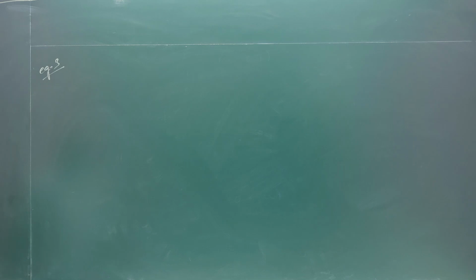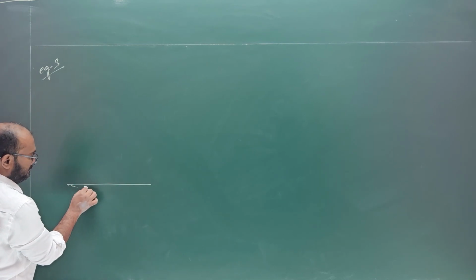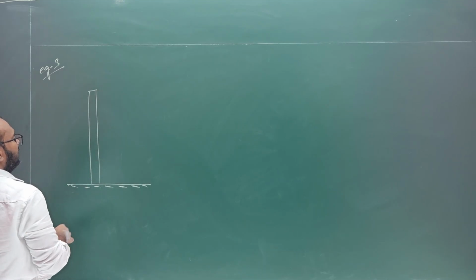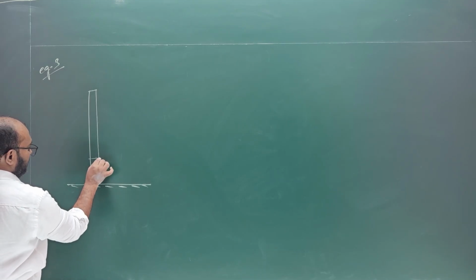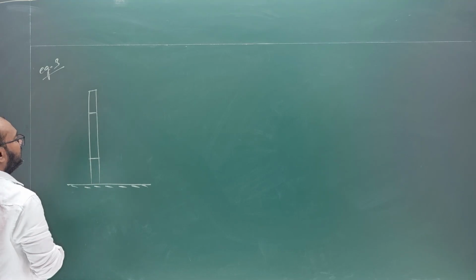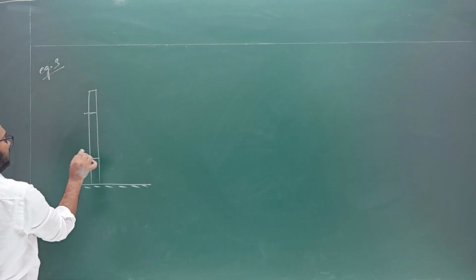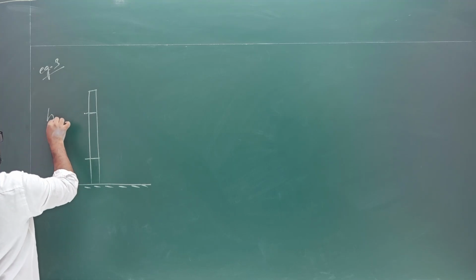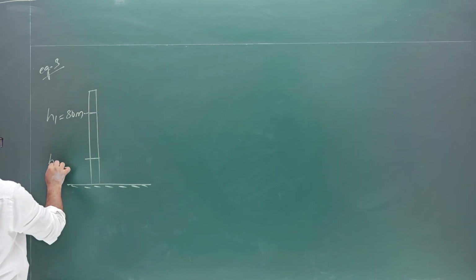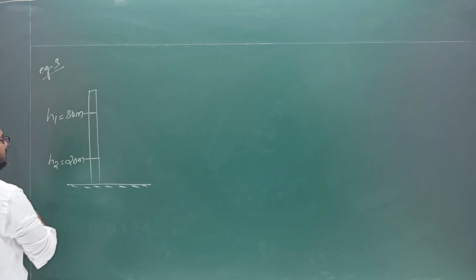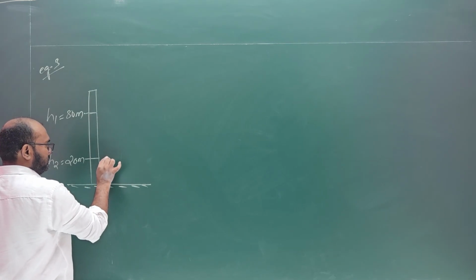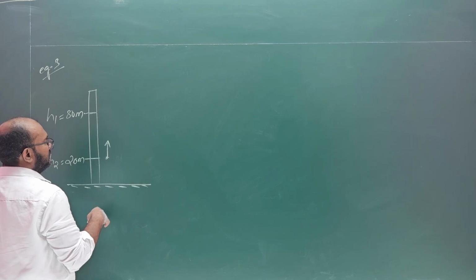Let's say here is your one more point and here is one point, and at this point and this point, let's say this is height 1, that is 80 meters, and this height 2 is 20 meters, and here is one object, and this object is going in the upward direction.